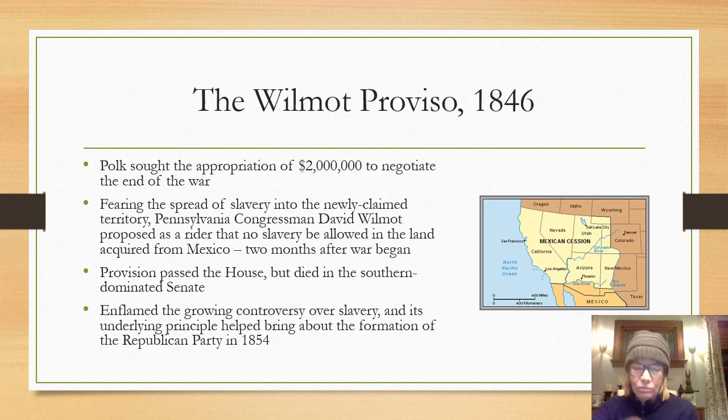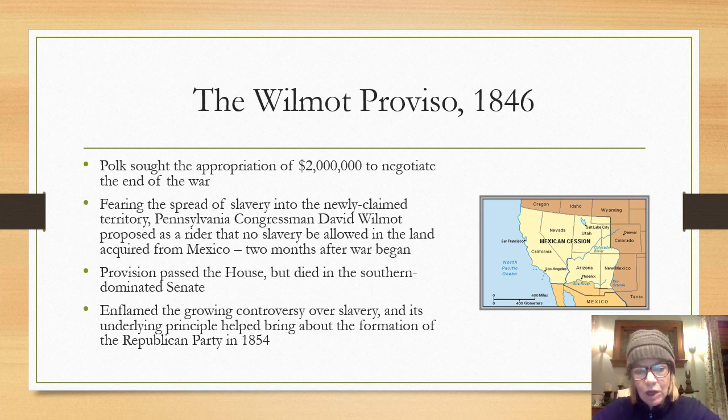All right, but before the war had even started or anything had been resolved, there's a man by the name of David Wilmot who proposed the Wilmot Proviso. What Polk wanted was money to negotiate the end of the war. A lot of people who were fearing the end of it said, we need to do something to address the issue of slavery.